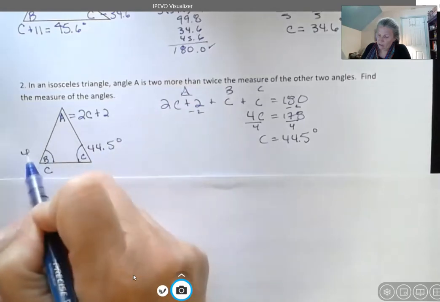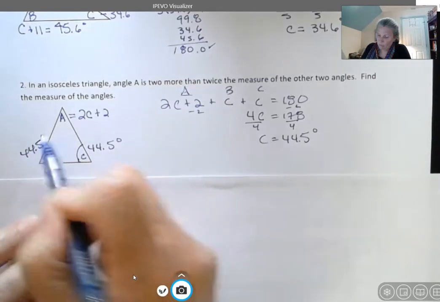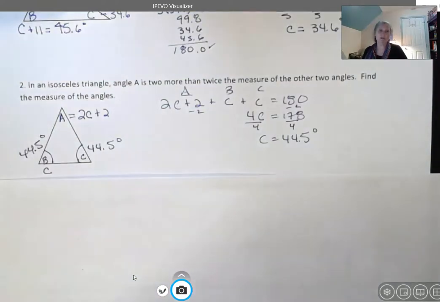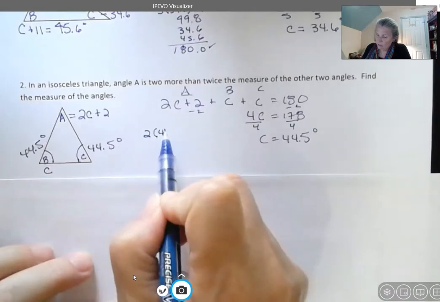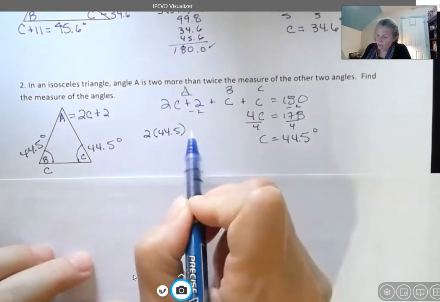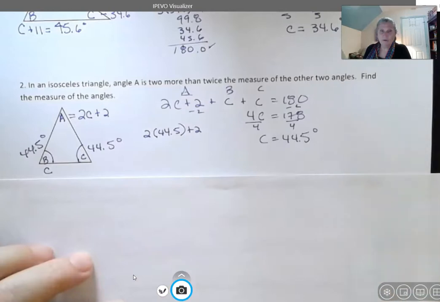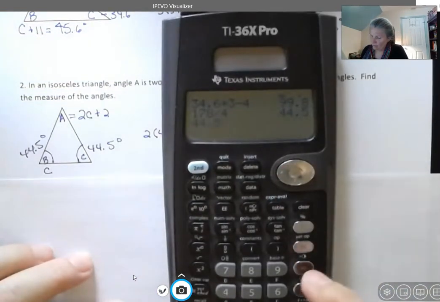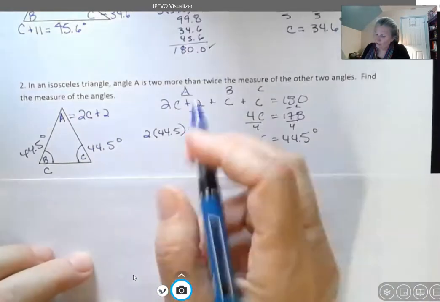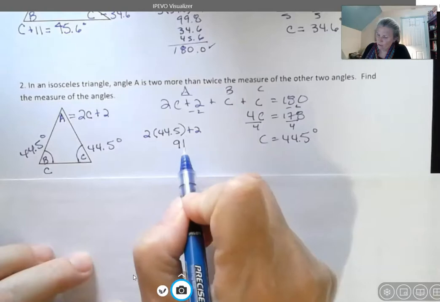So that means this one also is 44.5 degrees. Those are congruent. And then for A, I need to say 2 times 44.5 plus 2. All right, so I think that's 92, but 44.5 times 2 plus 2 is 91. Thank you. 91 degrees.